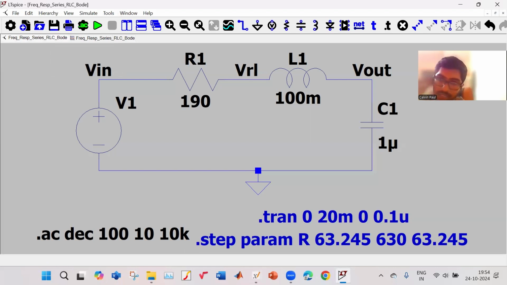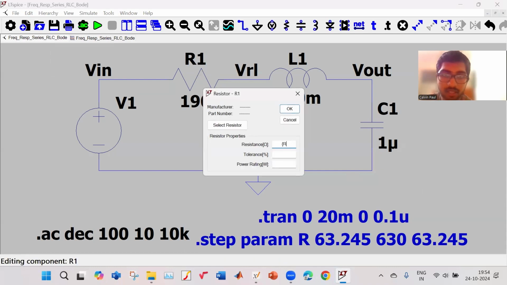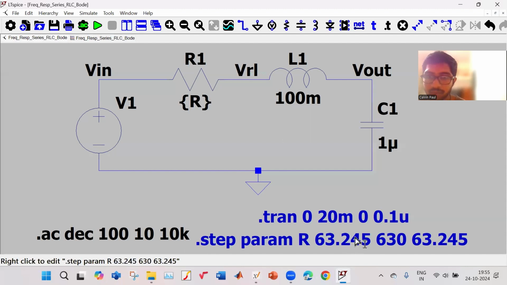Now, let me consider a case where the damping is changing, and we will see how the response looks as the damping changes.